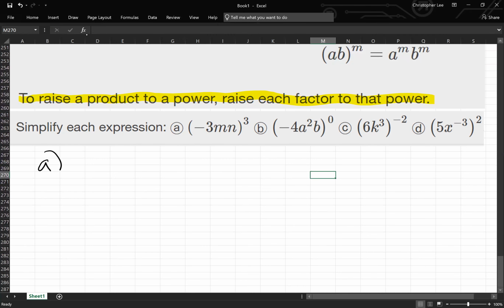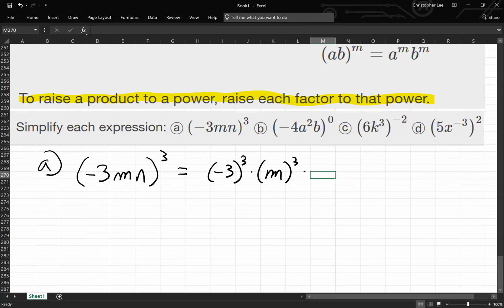So I'm looking at A. I have -3 times M times N raised to the third power. So what's going to happen here? All the factors get that third power. So this is going to be -3 to the third power times M to the third power times N to the third power, just like that.